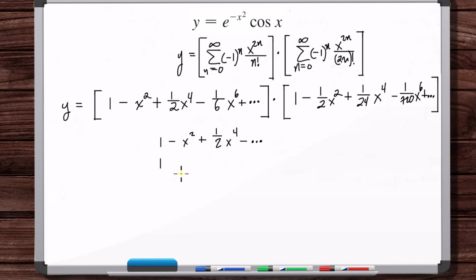Okay, we do the same thing here and we line up. If this was like x cubed, let's say, then we would have to put a 0x cubed placeholder here and then line those up. But we don't have that here.